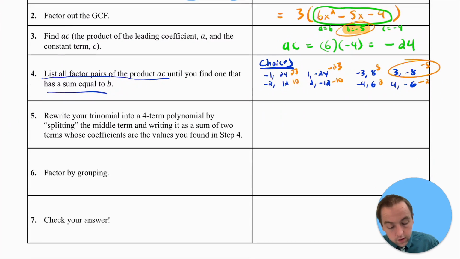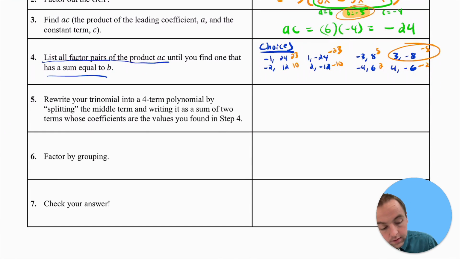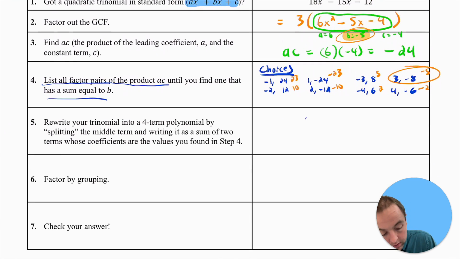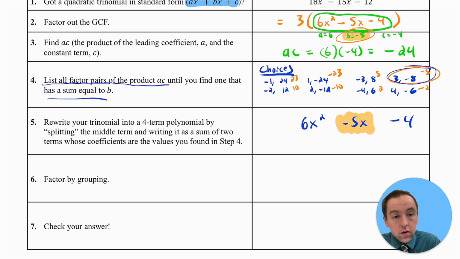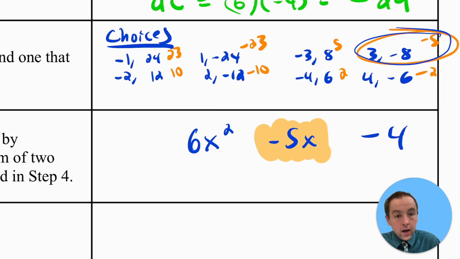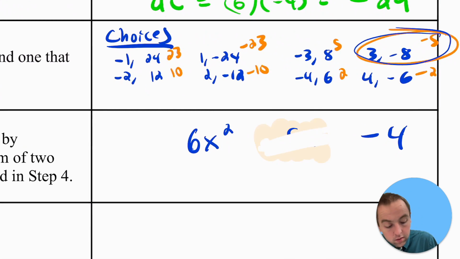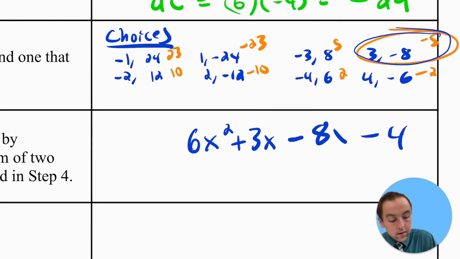So what we're then going to do with that is take the same trinomial that we had, the same 6x squared minus 5x minus 4. But this minus 5x right here, we're going to rewrite in terms of these numbers that I circled, using the 3 and the negative 8. So instead of writing minus 5x, we're going to write plus 3x because we had a positive 3, but then minus 8x.